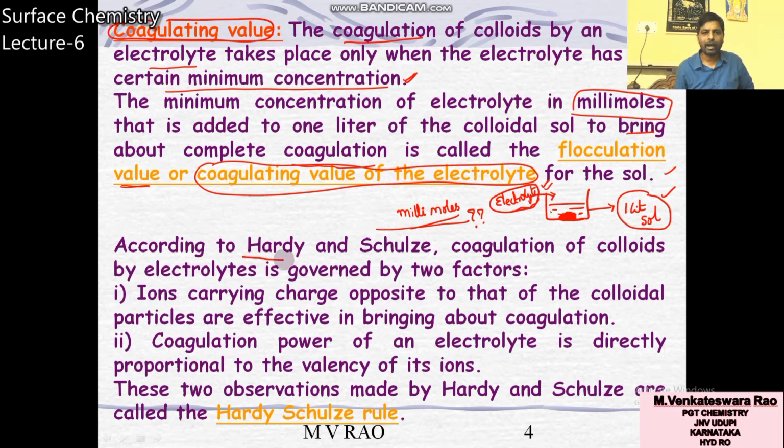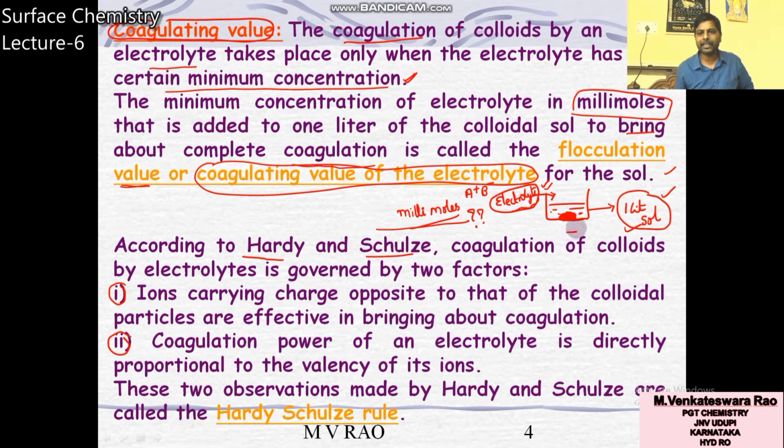According to Hardy and Schulze, coagulation of colloids by electrolyte is governed by two factors. The first factor: ions carrying charge opposite to that of the colloidal particles are effective in bringing about coagulation. That means for this sol you are adding an electrolyte, which contains a positive ion and a negative ion.